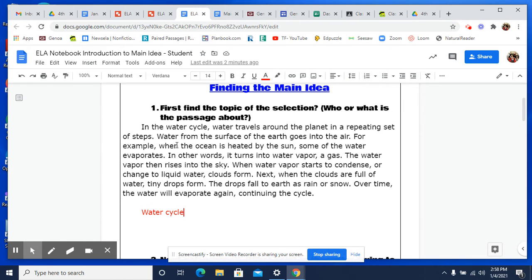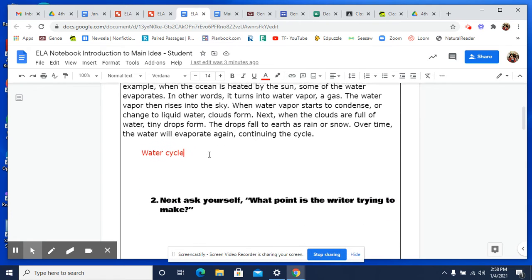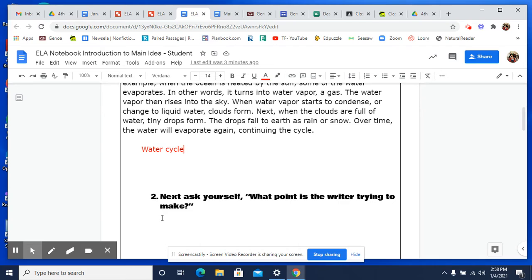And then the author, using our details, goes into all of those steps. So the main point the author is trying to make is that water travels around the planet in a repeating set of steps.